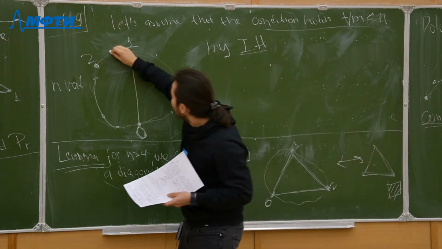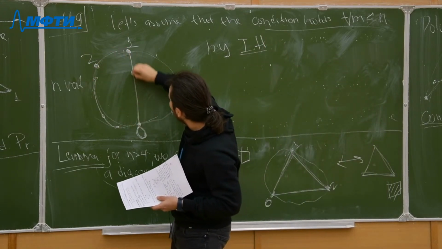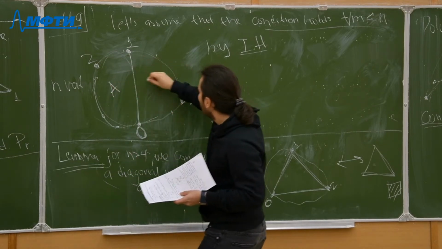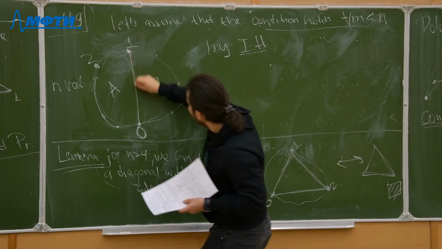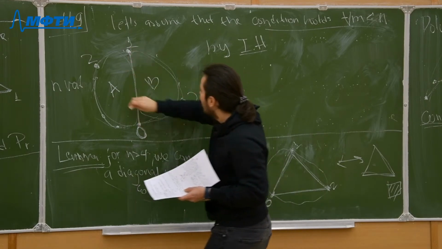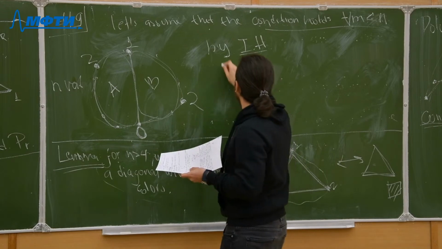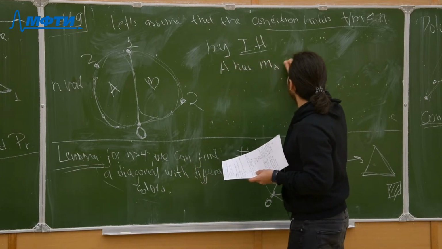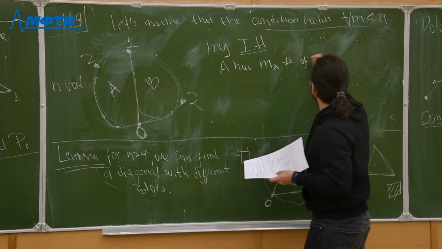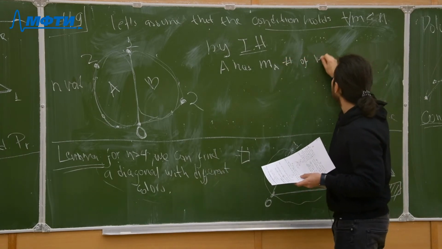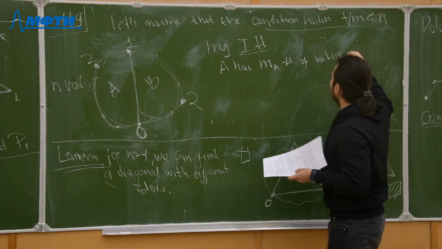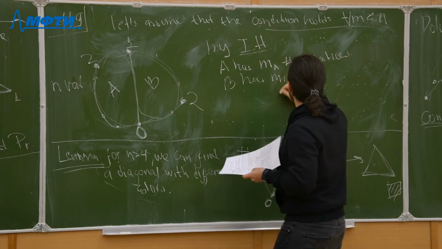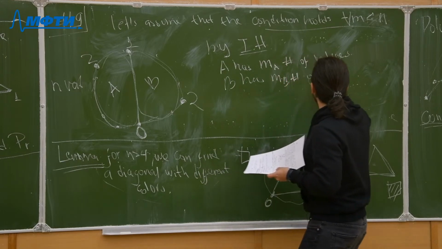we know that here there's a polygon, let's call this polygon A, and here we have a polygon B. So A has m sub A vertices, and B has m sub B vertices.